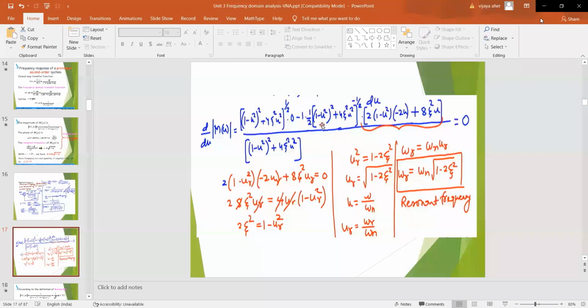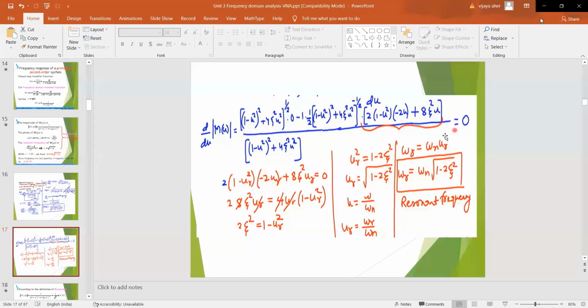So I have taken the derivative of v, that is 1/2 into bracket [1 minus u square] square plus 4 zeta square u square raised to half, the rest minus half when it comes back, right? Into the derivative, into bracket 2 into 1 minus u square into bracket minus 2u plus 8 zeta square into u, bracket complete, is equal to 0.